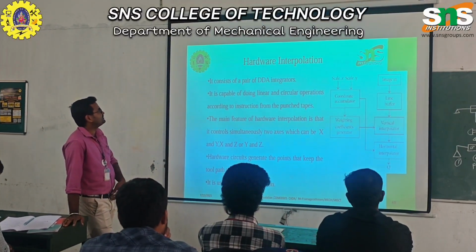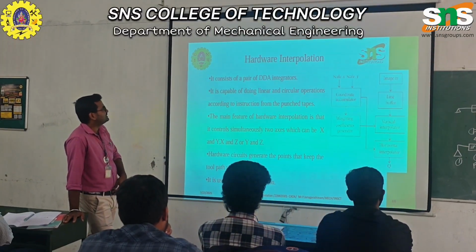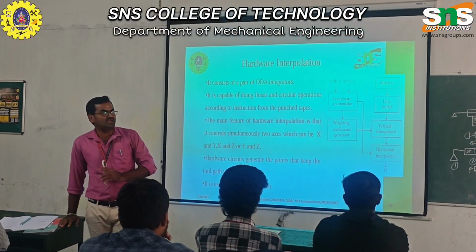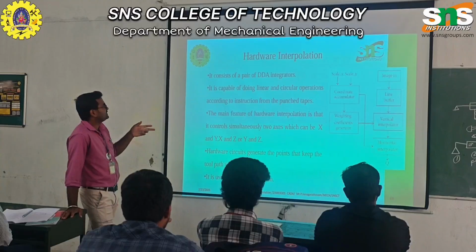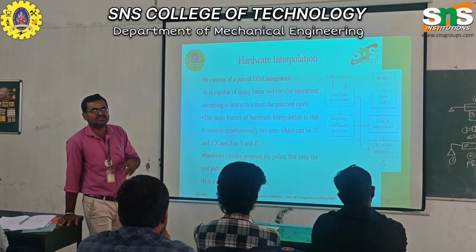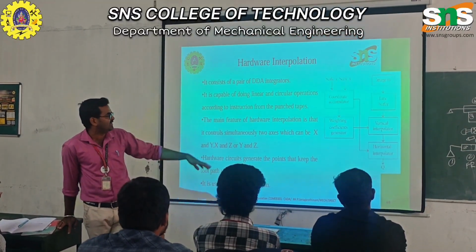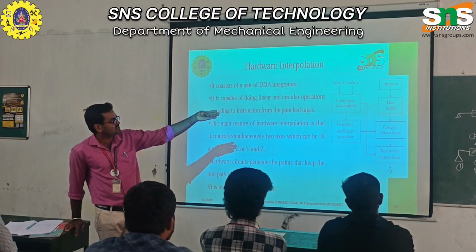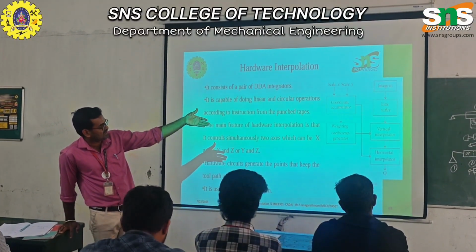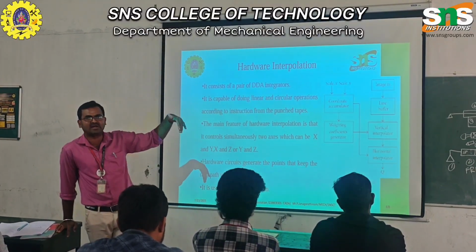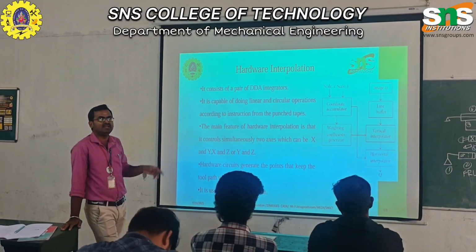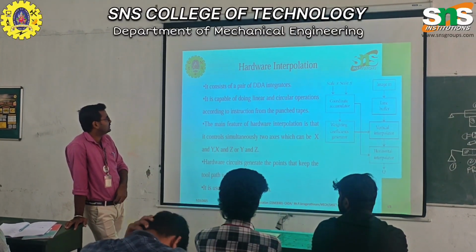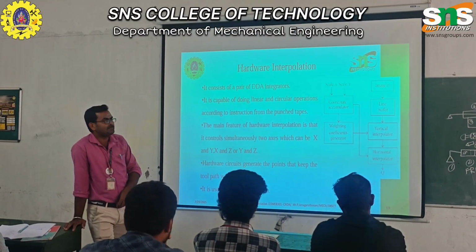Okay. Next one is hardware interpolation. It consists of a pair of DDA integrators, where DDA means digital differential analyzer, which can interconnect components like the coordinate accumulator, weight coefficient generator, image and line buffer, vertical interpolator, and horizontal interpolator. We can connect all these things by using the DDA transducers. So it is capable of doing both linear and circular operations according to the instructions from the punched tape reader.